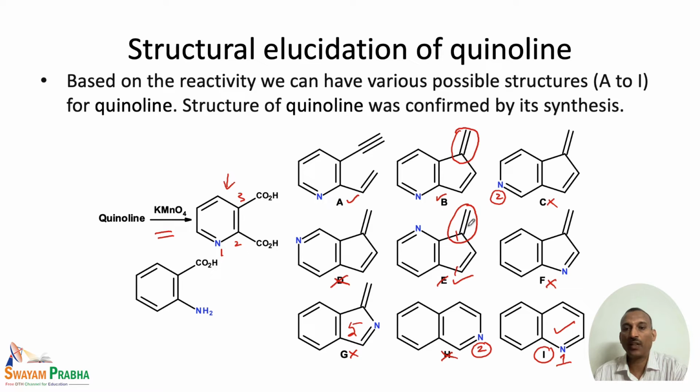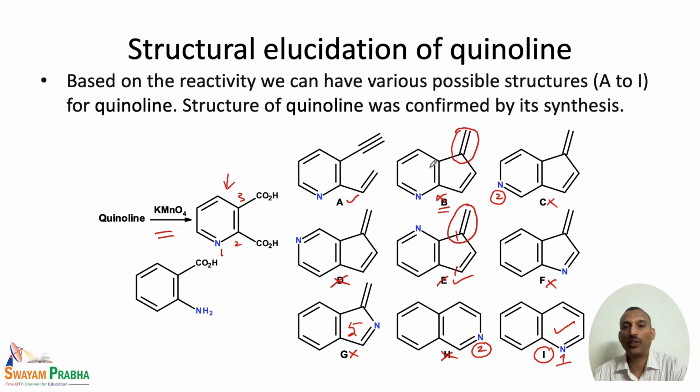When the external double bonds are not present inside the ring, they can easily undergo addition reactions. So these structures are not actually possible, because in the case of quinoline, there is no addition reaction. So that rules out the structure for compound B.